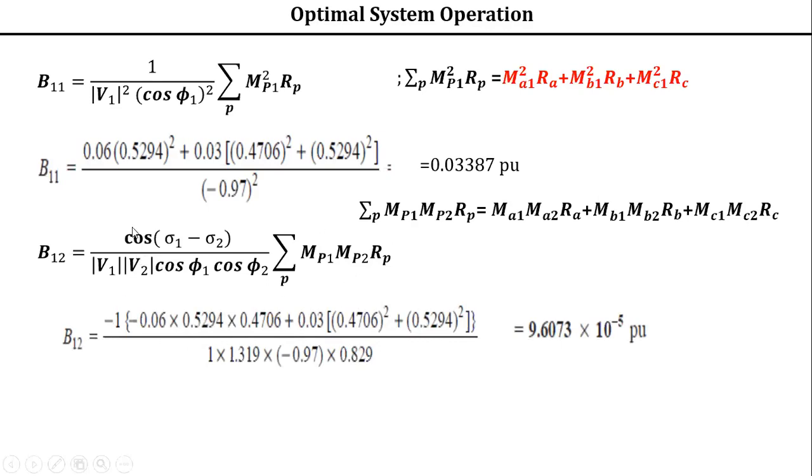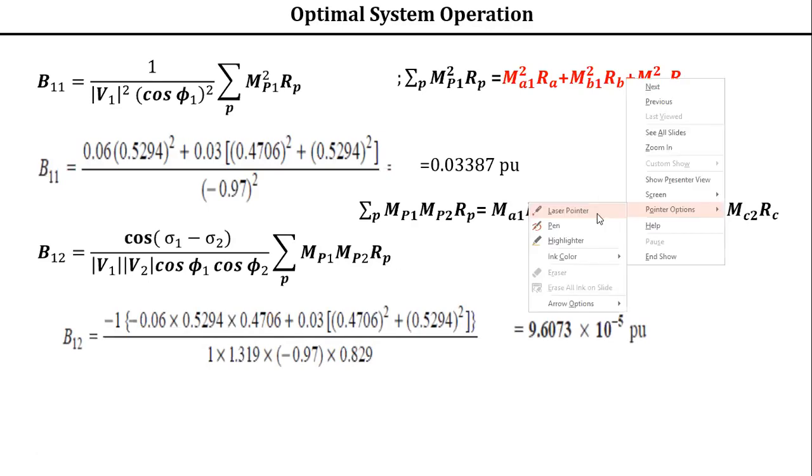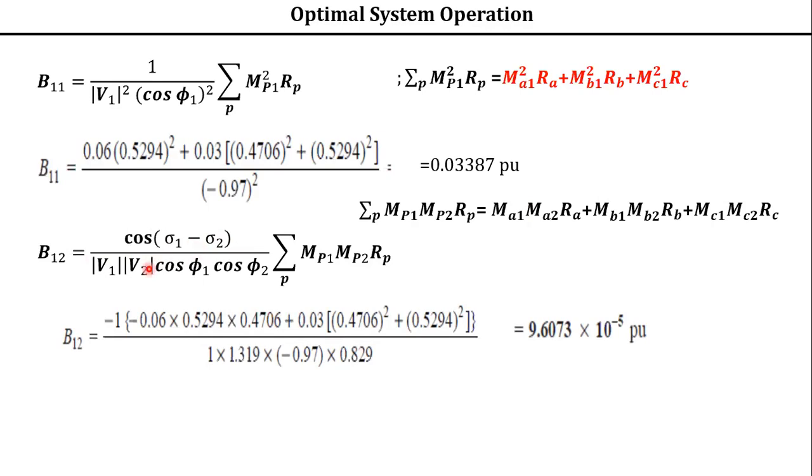Substitute these values. What is the value of cos of sigma 1 minus sigma 2? It is minus 1, we got. Understood? So I have represented that here. Just calculate it.